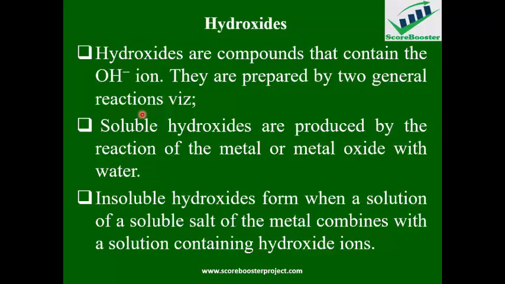In that case, you can use filtration to separate the two based on solubility. Then you take your hydroxide that is not soluble. I'm just using sodium nitrate as an example. You can use potassium hydroxide also. Just make sure it is a soluble hydroxide, then a soluble salt of the metal whose hydroxide you want to prepare.